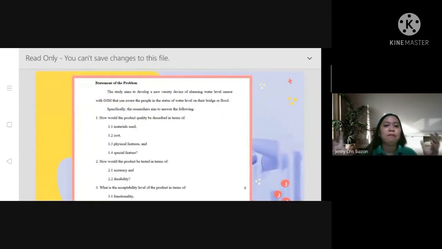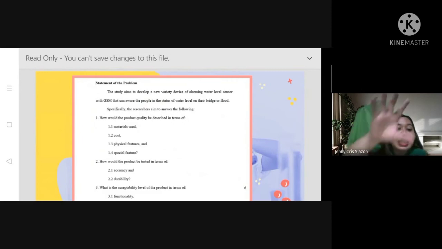So like for example, no, kailangan ma-identify talaga natin yung pinaka-problem natin sa research natin. And we have to start the statement of the problem with a generalized problem at the beginning.